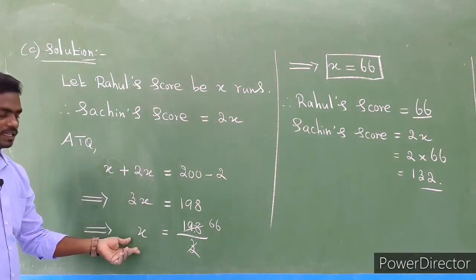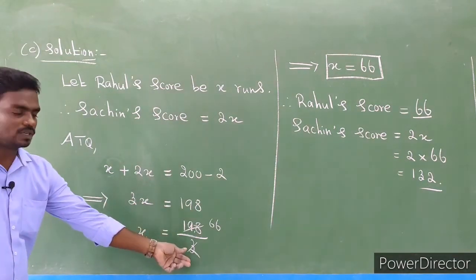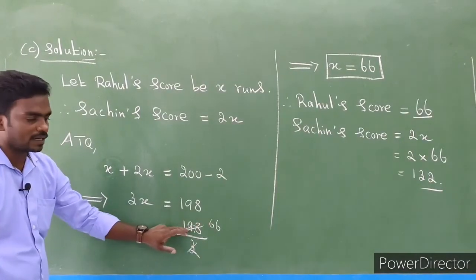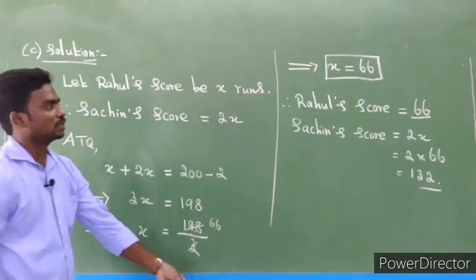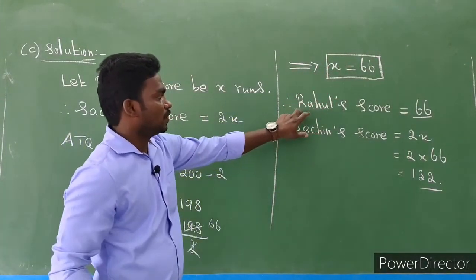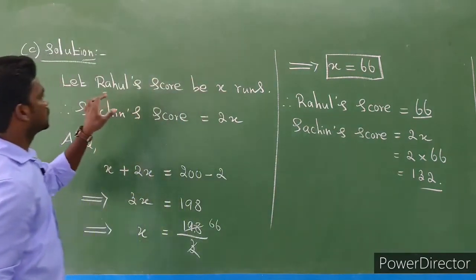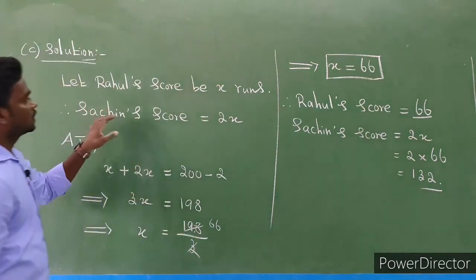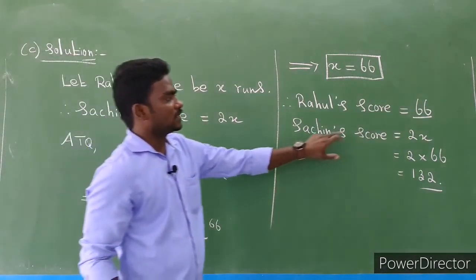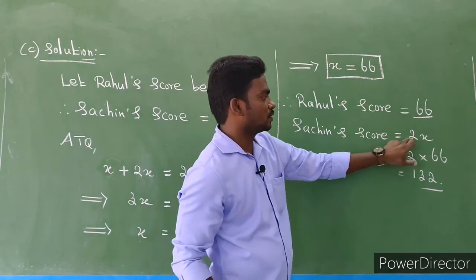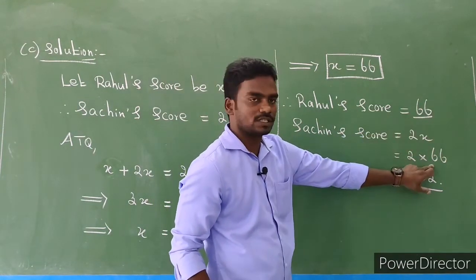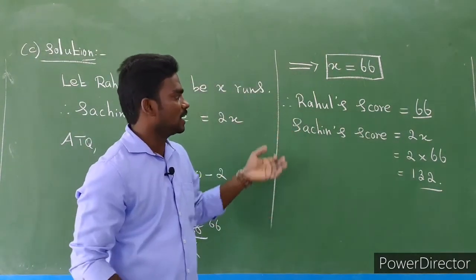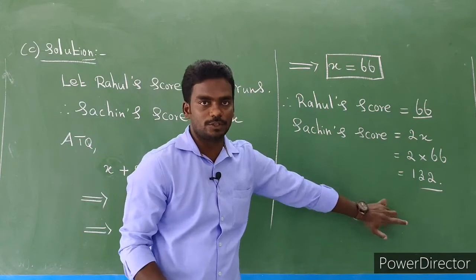Keep the value x on the left side and the 3 is transposed to division on the right side. So 66 threes are 198. The value of x is 66. Therefore, Rahul's score is 66 runs and Sachin's score is 2x, which is 2 into 66, which is equal to 132. Therefore, Rahul's score is 66 and Sachin's score is 132.